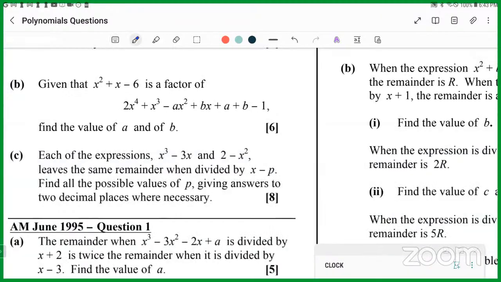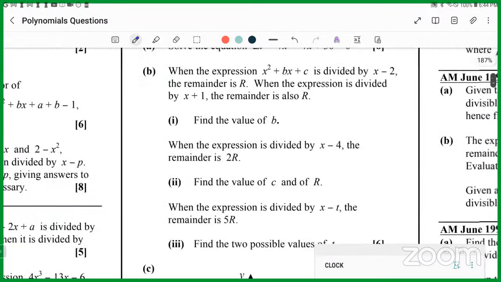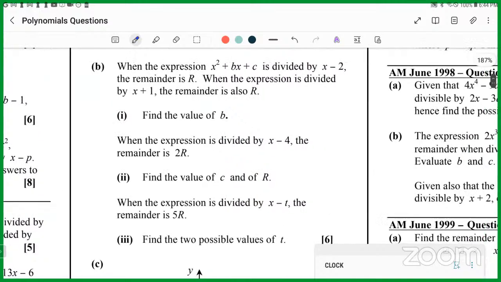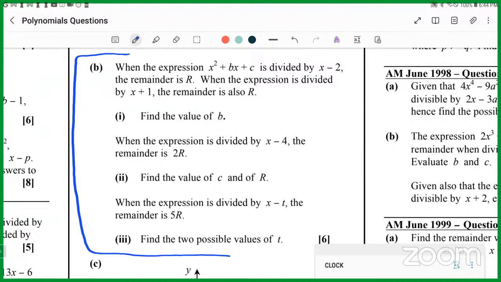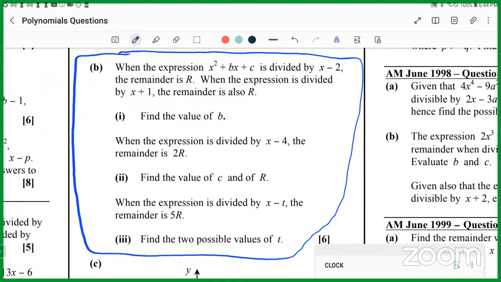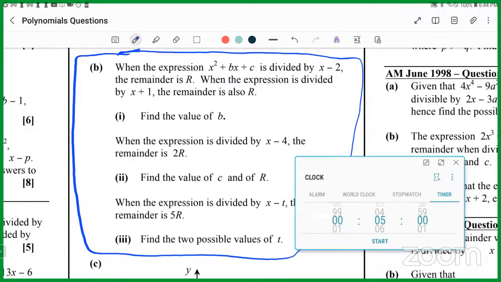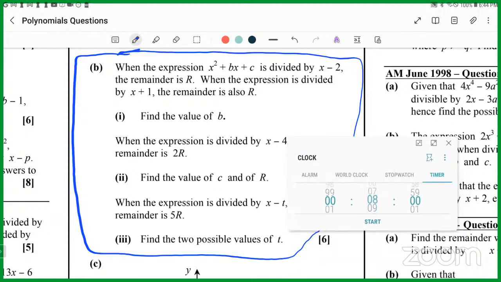There's a lot of algebra in this one. That one in the red, in the blue box. We have 10 minutes for that one. Ten minutes, got a lot of parts.